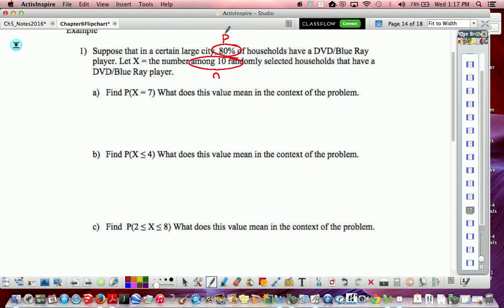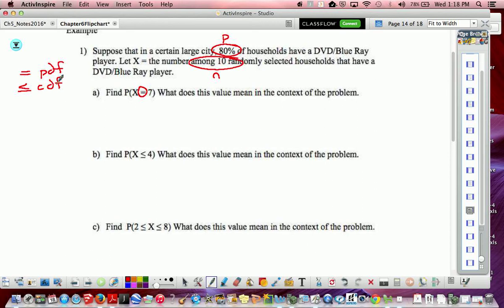On the first one it says find P of X equals 7. In order to find that, the first thing I look at is, is it an equal? Is it a less than? Because if we remember, equal means I use the PDF, less than or equal, I use the CDF version.